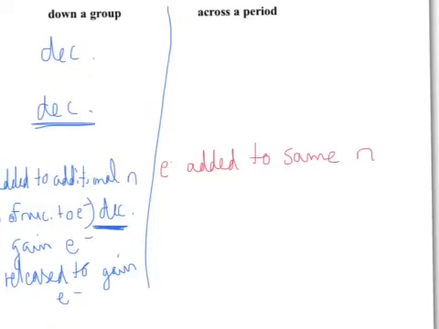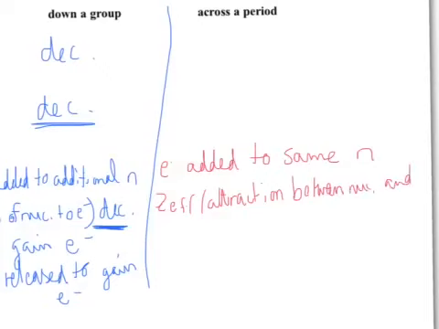Now, because the electrons are added to the same energy level, Zeff, which is the attraction between the nucleus and electrons, increases. There's a lot more attraction now between the protons and the electrons.